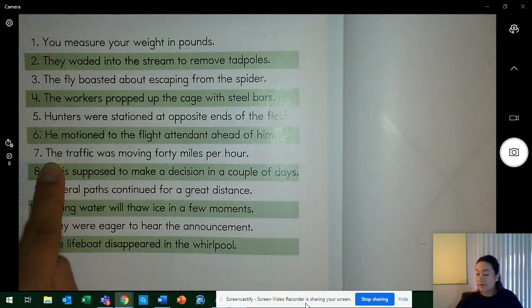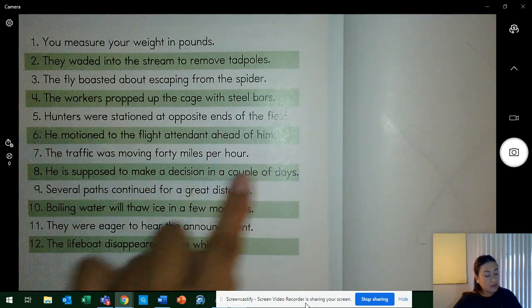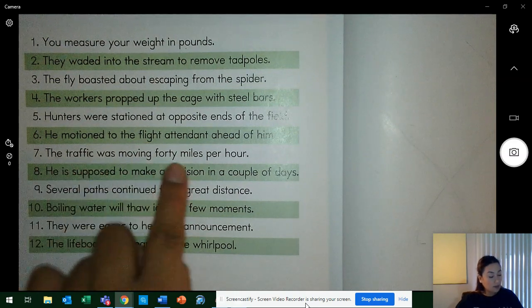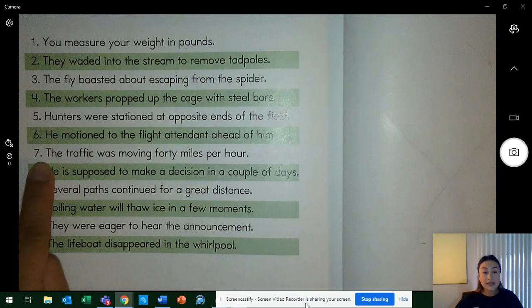Yes, the traffic was moving 40 miles per hour. Close your eyes and say the sentence. Yes, the traffic was moving 40 miles per hour. Now, open your eyes.